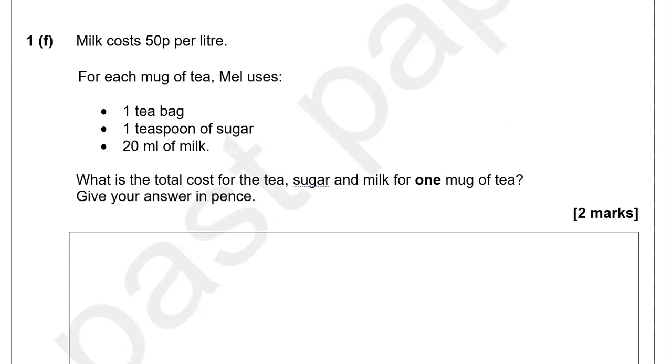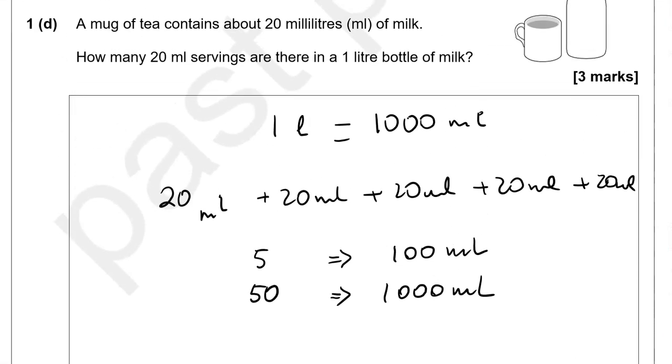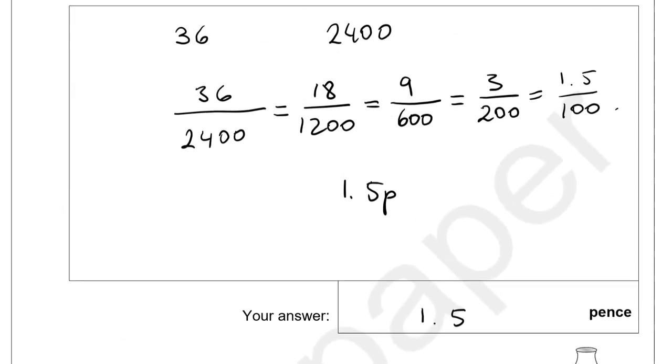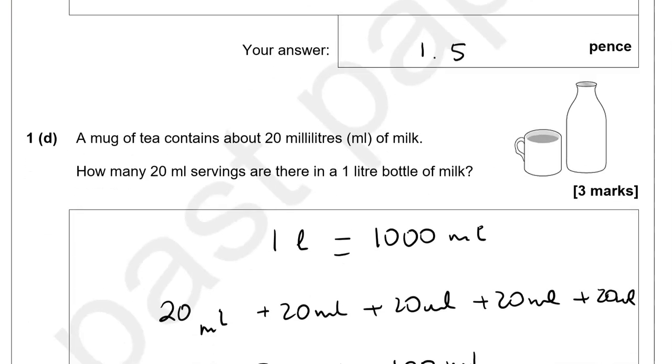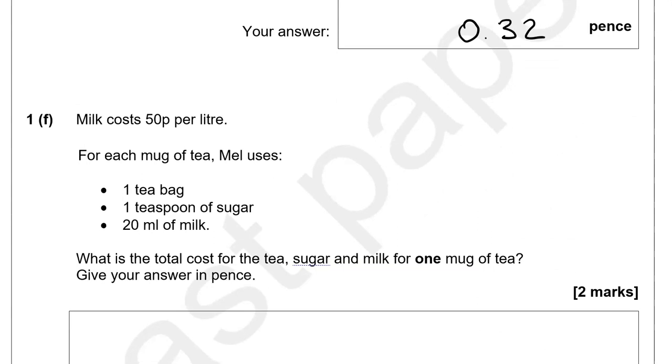The cost of 1 tea bag we worked out earlier, and that was 1.5 pence. One teaspoon of sugar was 0.32 pence, and now 20 milliliters of milk.